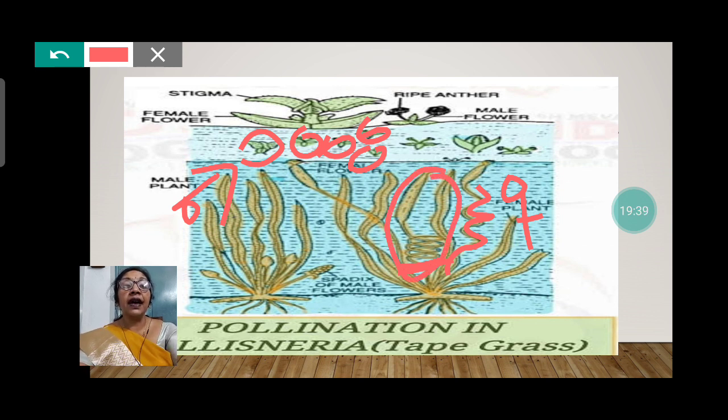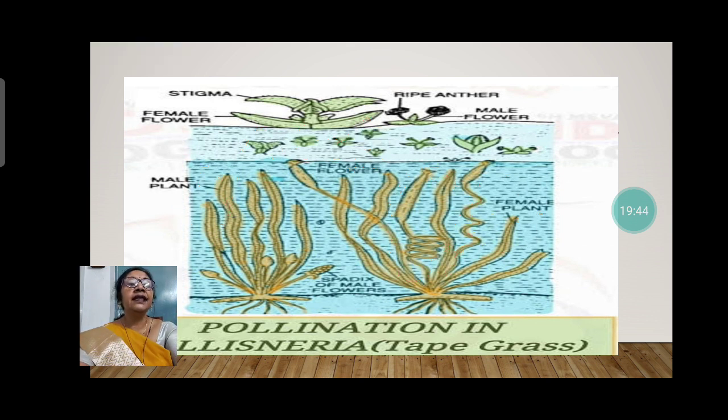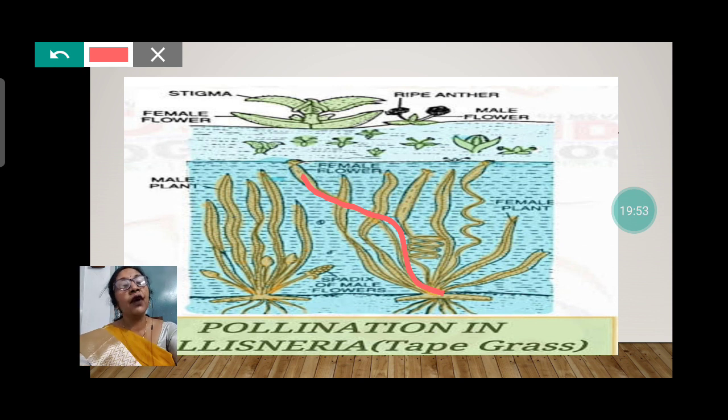But once the flower matures, the style gets uncoiled. Just see, this is the uncoiled style, and it brings the flower to the surface of the water.